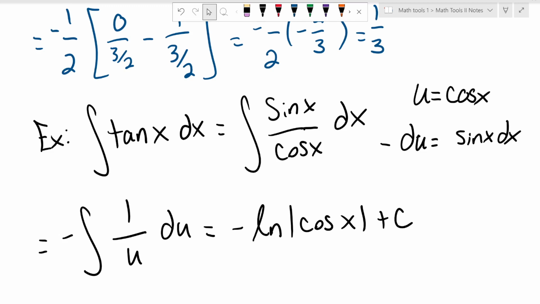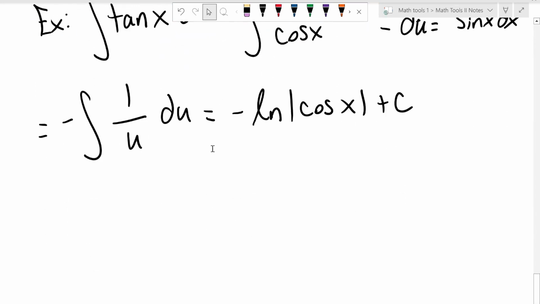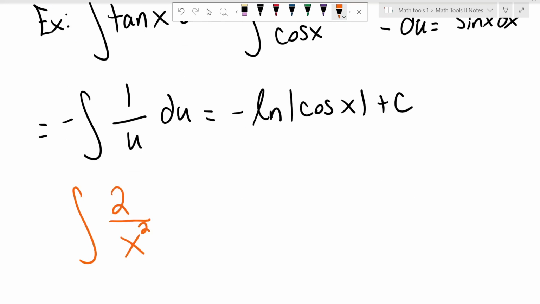So, just as a simpler example of what I mean, if we just had x squared over 2x, for example, even something as simple as this, you're going to end up getting the natural log. And it's easy to see here because you just cancel an x and then you have 2 over x, and then of course you're getting the natural log, right? But just in general with this form, with more complicated functions, you end up getting the natural log.